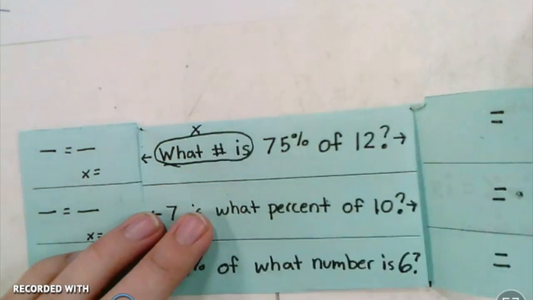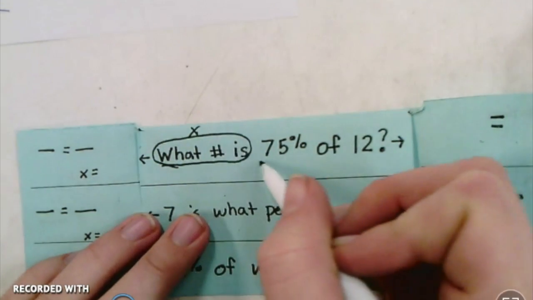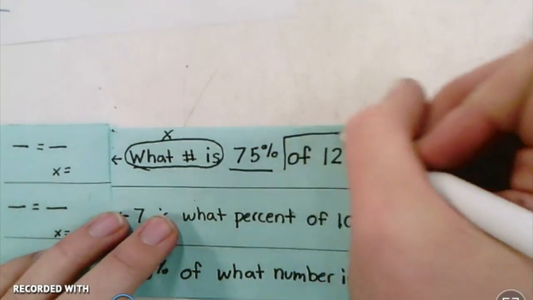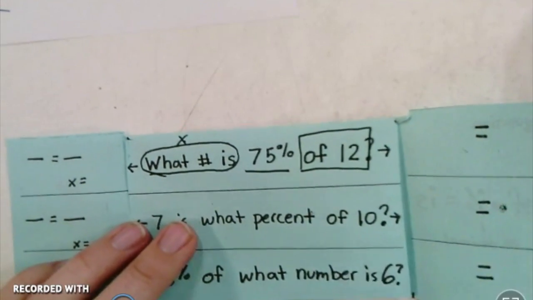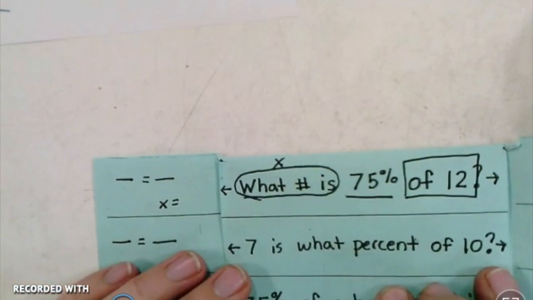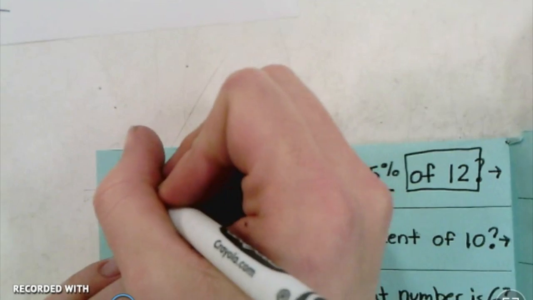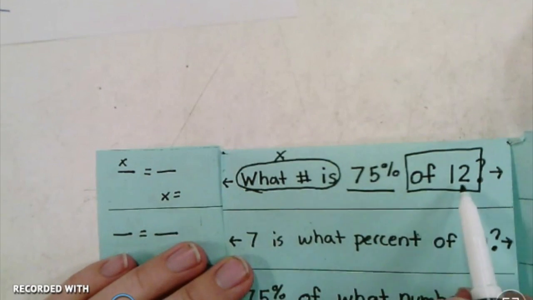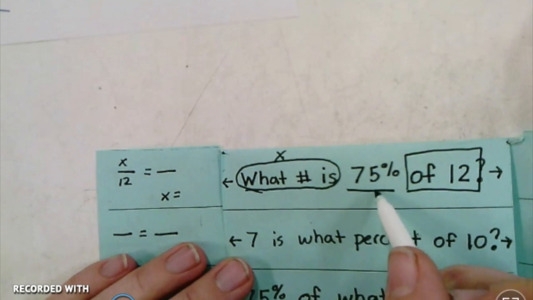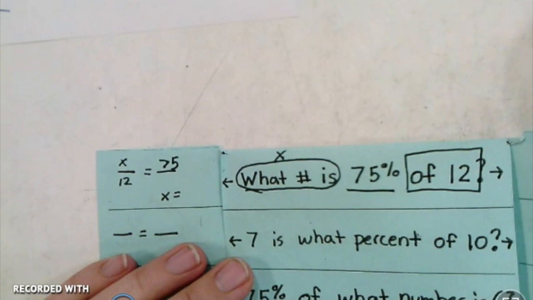I'm going to write an X above it to remind myself of that. 75% of 12. Now I'm going to plug that into my proportion. So remember, it's is, which was X, over of, which was 12, equals percent, which was 75, over 100.